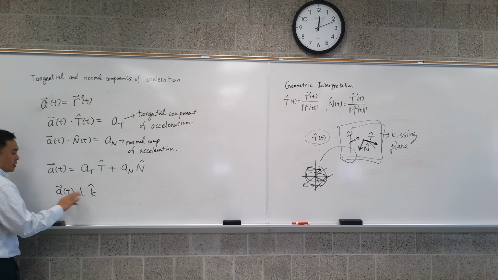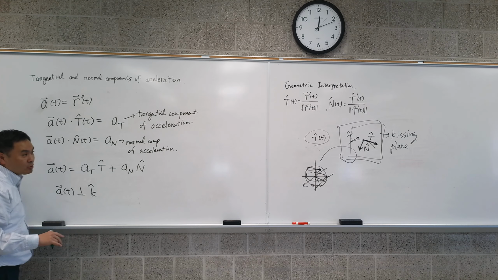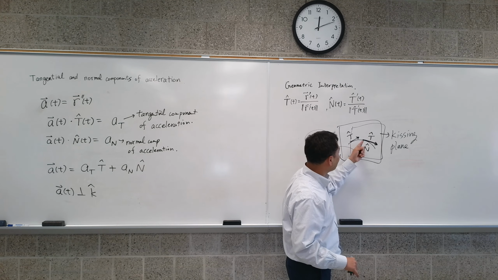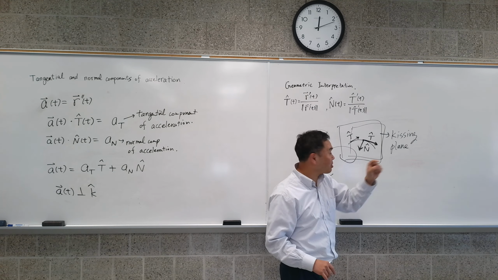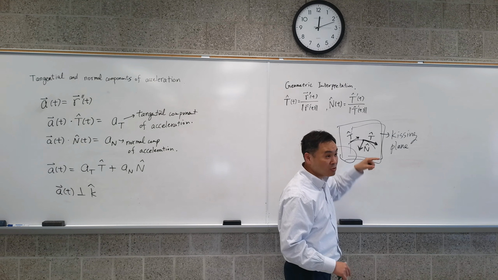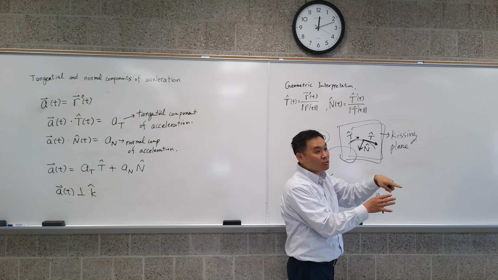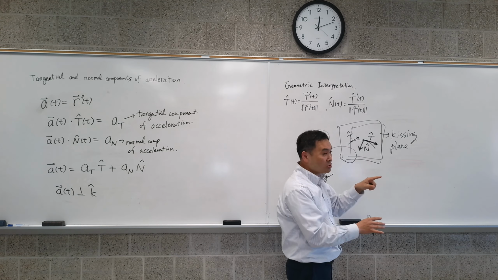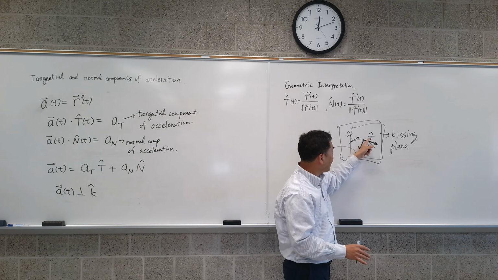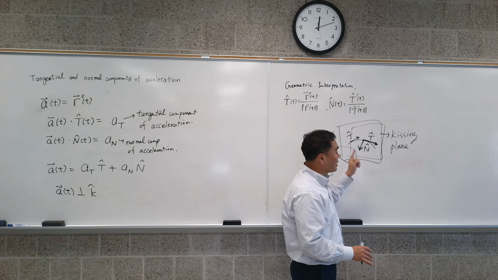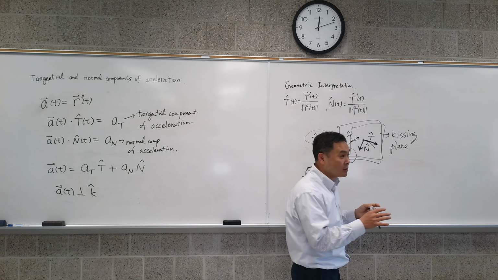Let me try to explain this later, but intuitively, in the kissing plane, momentarily the curve looks like a two-dimensional motion inside that plane. So there is nothing trying to get out of the plane. There's only two things: a_T, which is used for acceleration, and a_N, which is used for turning.